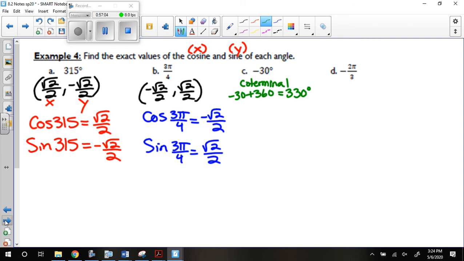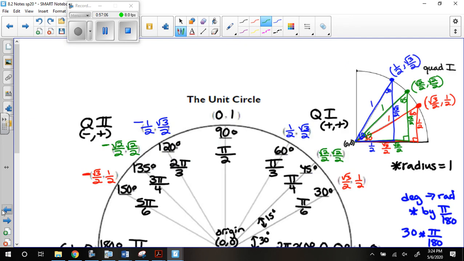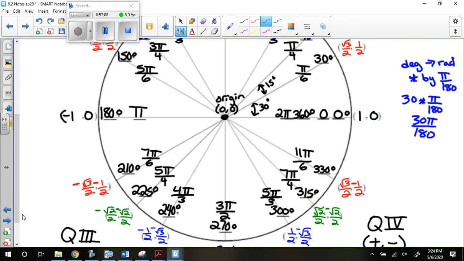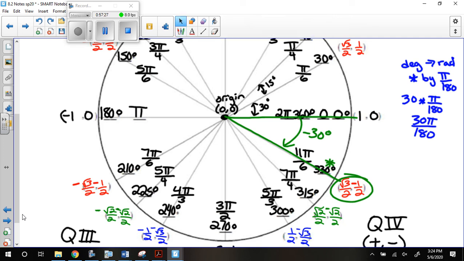So for negative 30 degrees, remember that would be starting here and then going down negative 30 degrees, which if you look is the same as a 330 degree angle. So we're using this ordered pair, square root of 3 over 2, negative 1/2. Let me get rid of my drawings here.